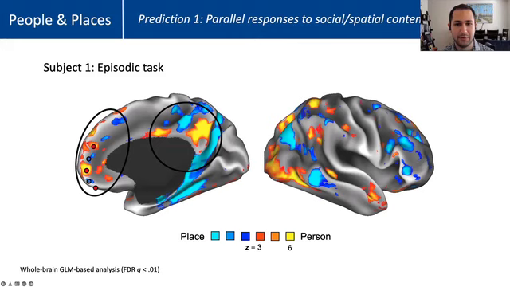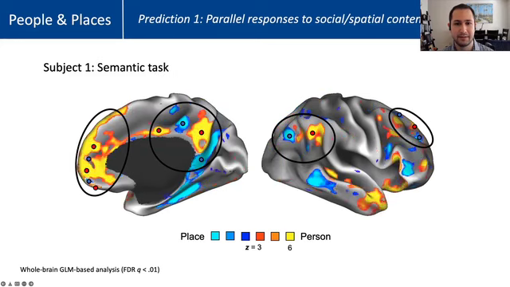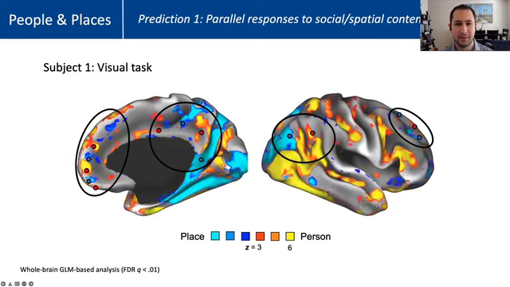Within medial parietal cortex, we see a similar pattern of alternation in response to people, places, and places. In the temporoparietal junction, we see a pair of regions, one of which responds to people, one to places. And in the superior frontal gyrus, we again see a pattern of alternation. These responses are consistent across the semantic task as well as the visual task, arguing for parallel parts of the default mode network responsive to people and places.